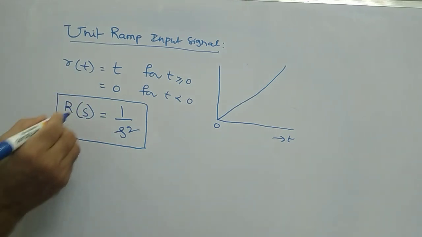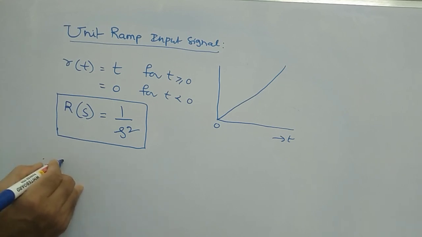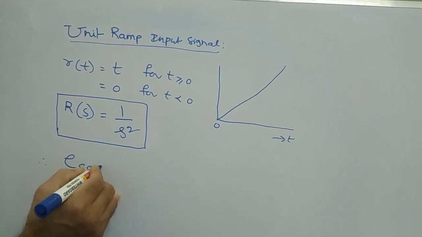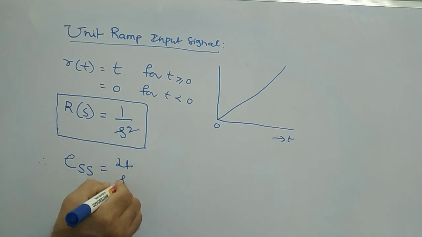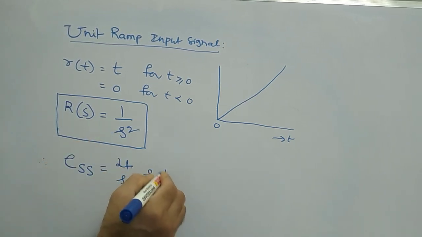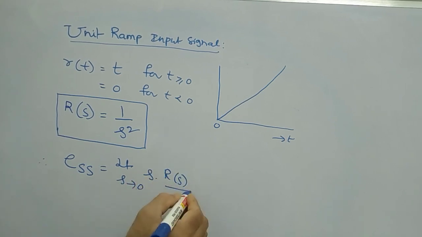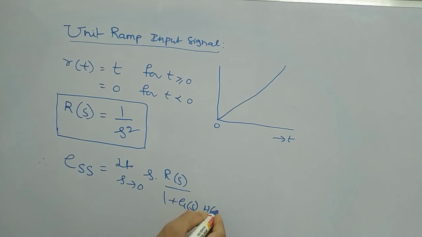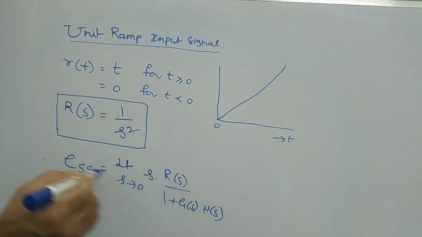Therefore, if you apply this R of s value, the steady state error is equal to limit s tends to 0 of s into R of s by 1 plus G of s into H of s. This is our definition of E of s.